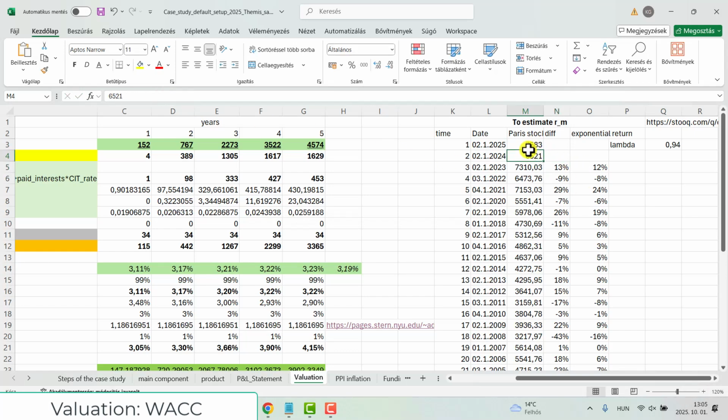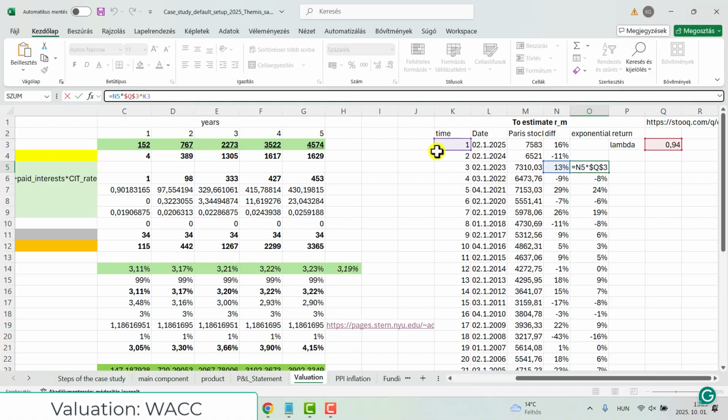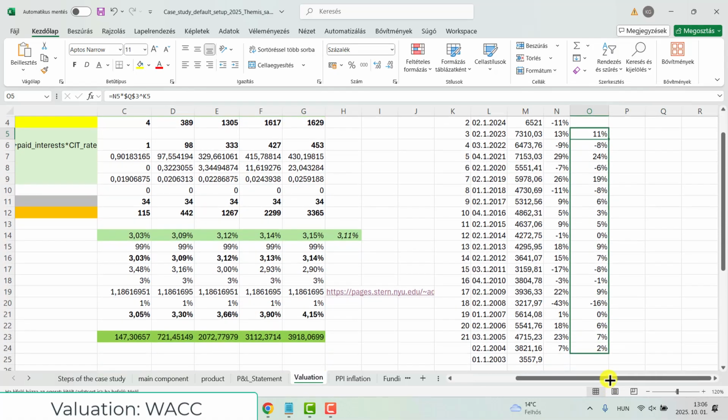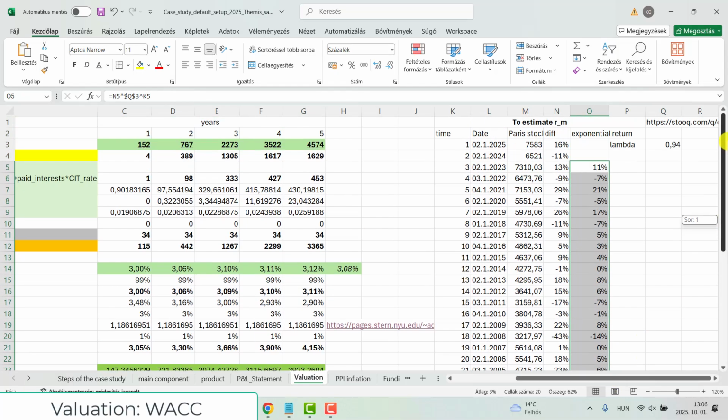Then, once we have collected the index data, we just have to take, okay, what is the difference? Yeah, it rolls upwards. Then we have to take the third year. And also upwards.